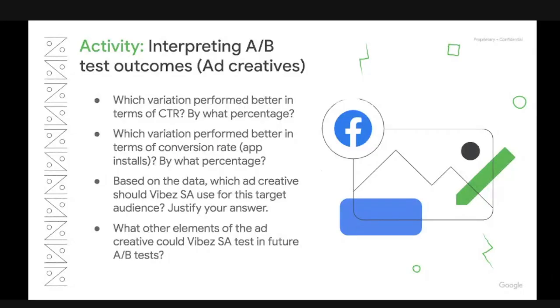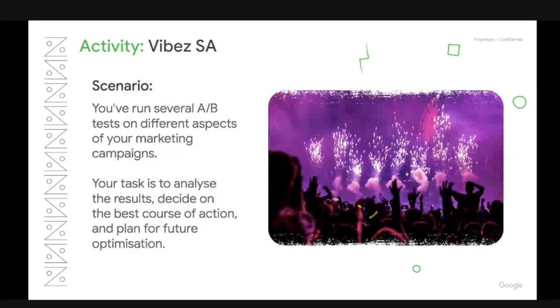Your hand is up. Oh, sorry, Mashu. I was asking regarding the data from these activities. Should we keep looking at the activities from our workbook? Because for this one, for Vibes SA, I can see that the data is listed there in the activity group. Even the previous activity we just did, the data was also from page 124, and the activity that we skipped was also from the workbook.